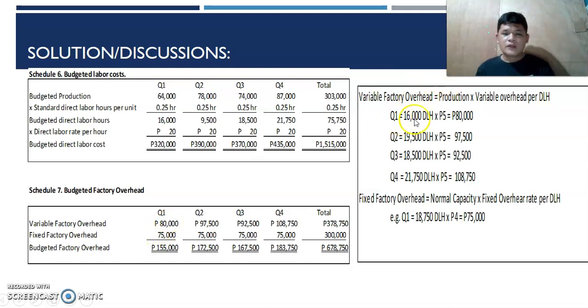So, quarter 1, 16,000 direct labor hour times 5 pesos is equals to 80,000. So, saan galing yung 5 pesos? Given na yan sa problem. Naintindihan? So, 97,500, paano nakuha? 19,500 multiplied by 5 pesos is equals to 97,500 and so on.